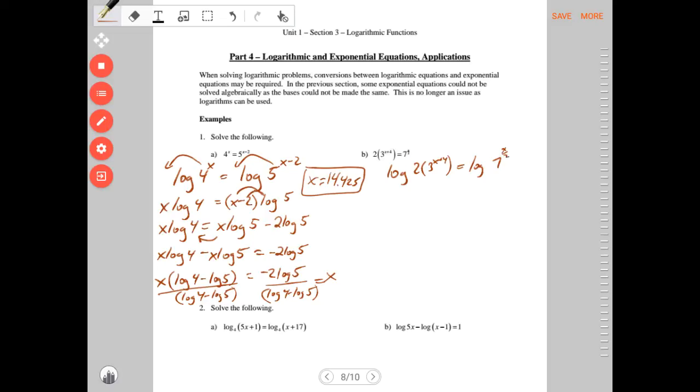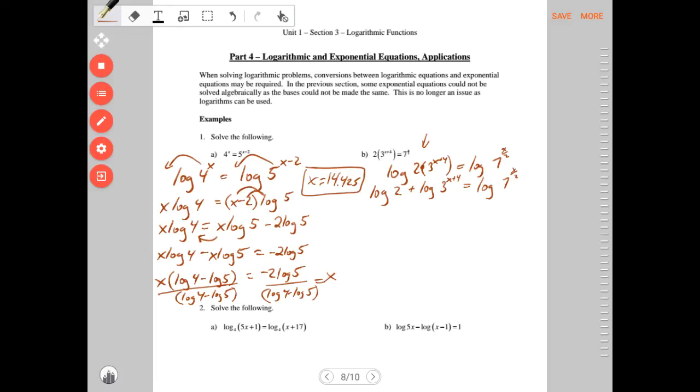Before we can just start rearranging like the last one, we have to notice that this part is a product. The 2 is multiplying the part in the brackets. So we actually have to separate that first. So that's going to be log 2 plus log 3 to the x plus 4, equals log 7 to the x over 2.